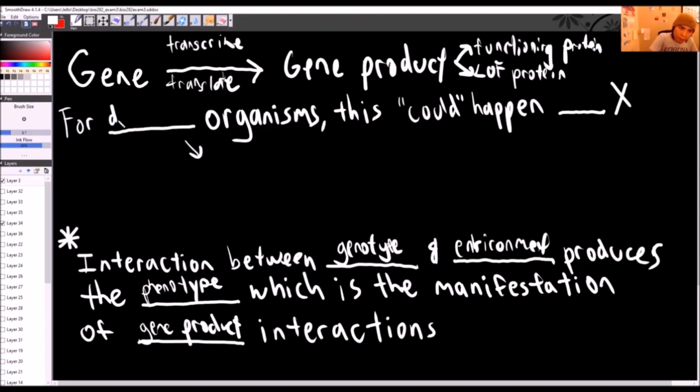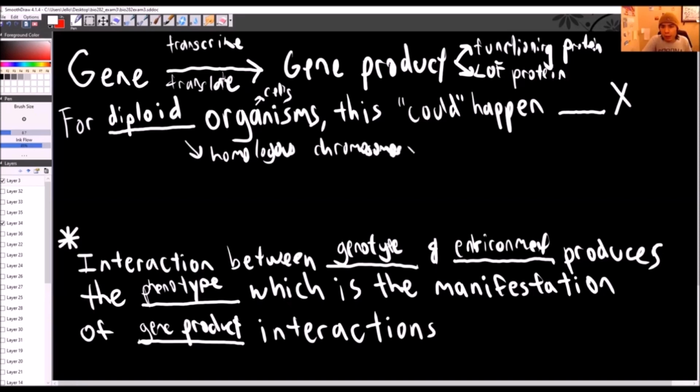So for diploid organisms, and that means having two sets of chromosomes, they have a bunch of homologous chromosomes. So that would be the presence of homologous chromosomes. And this should really be cells, not really organisms.